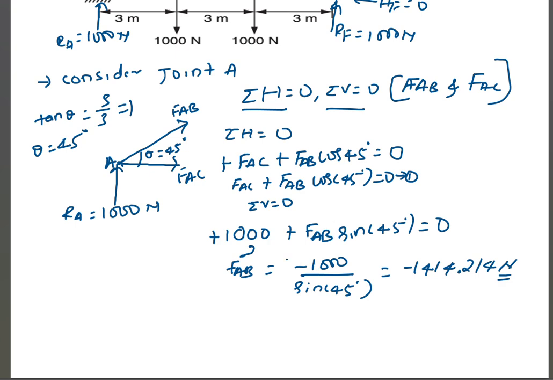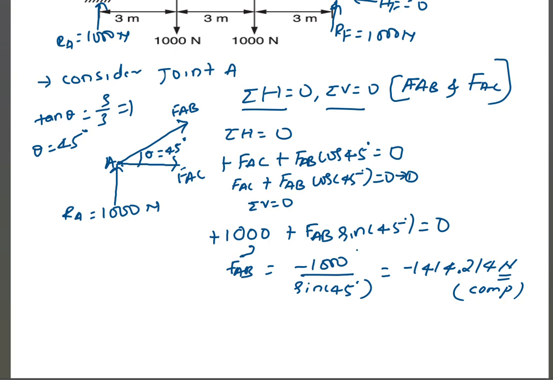So you got the value of FAB. Here minus indicates the assumed direction is wrong. What you assumed was tension, but it is not tension, because a negative sign indicates that the force present in the member is compression. Minus means compression.